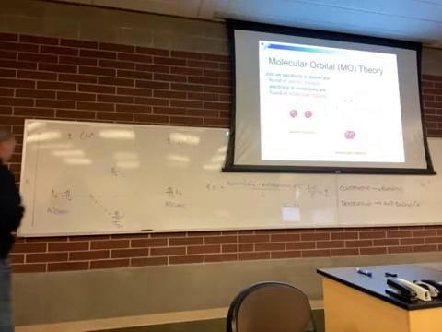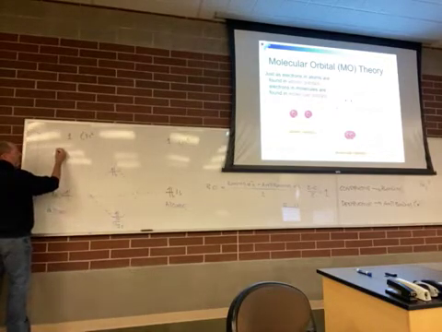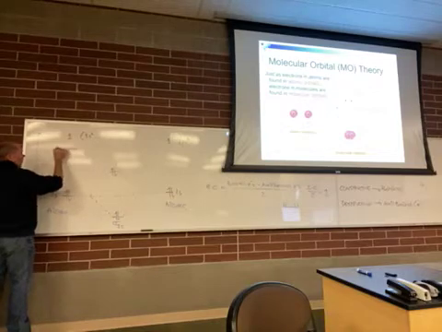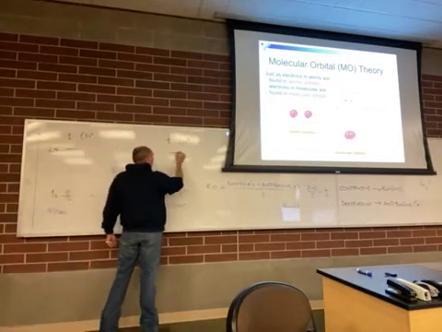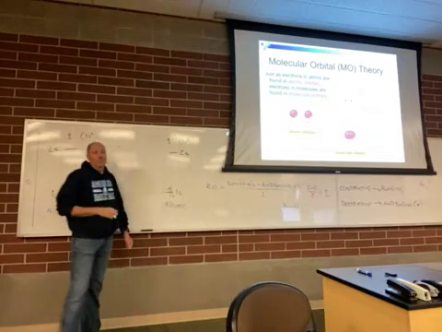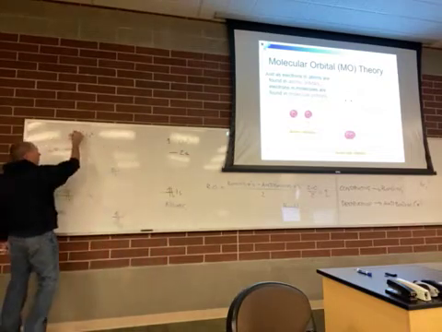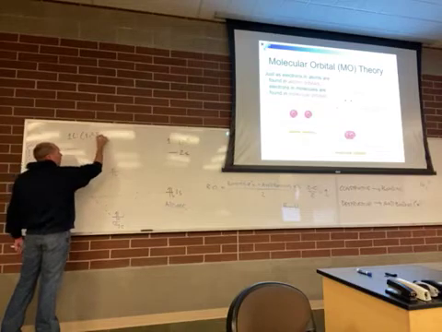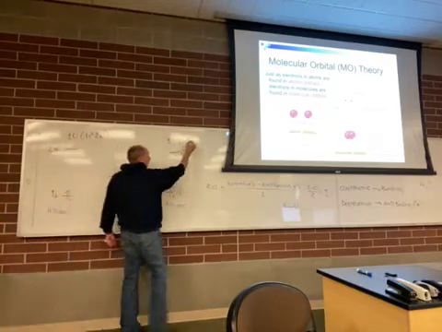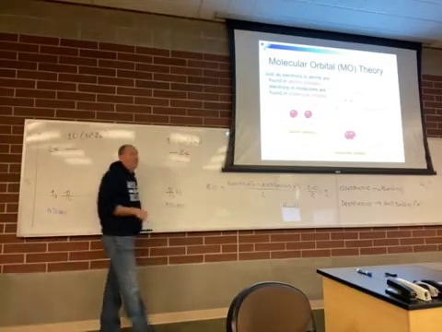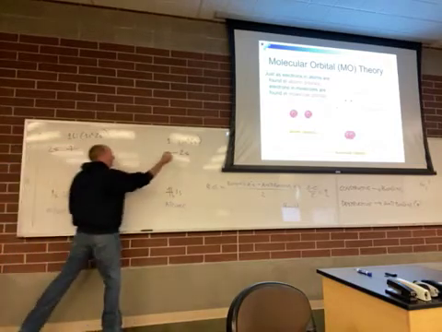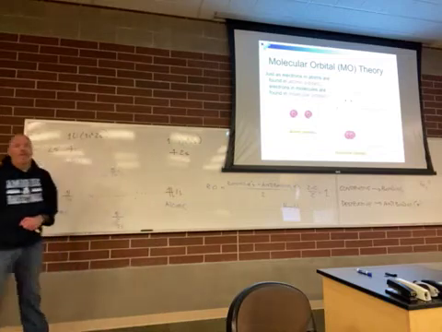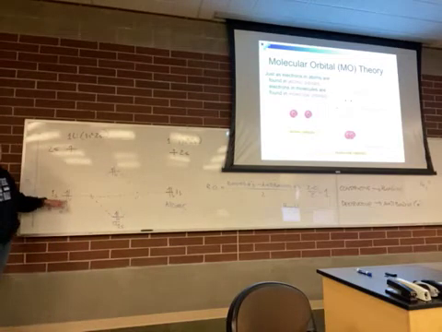So we have to draw the 2s orbital. So lithium is 1s2, 2s1, 1s2, 2s1. So lithium's atomic orbitals look like this, right? It's a 1s2, 2s1.